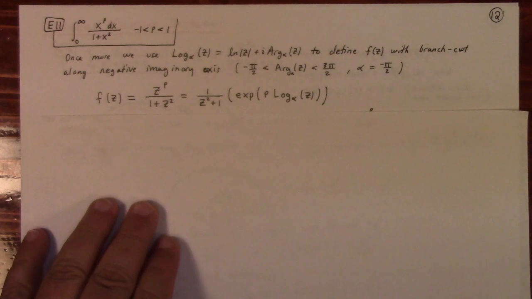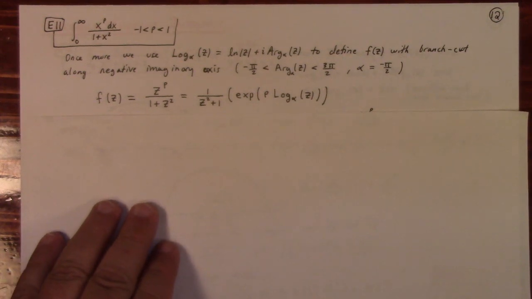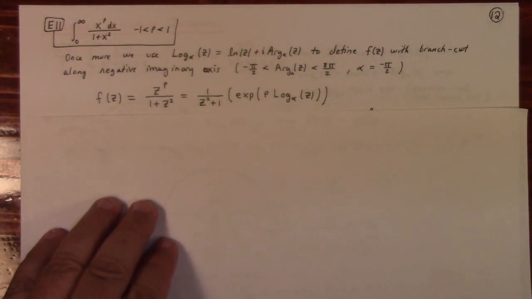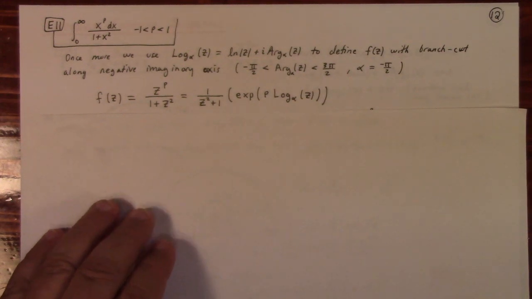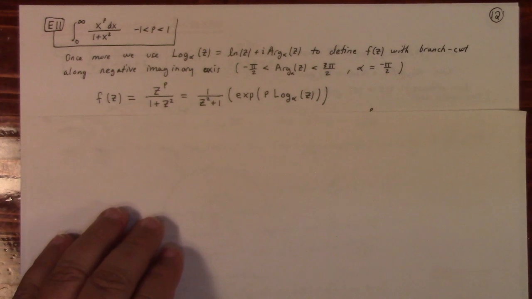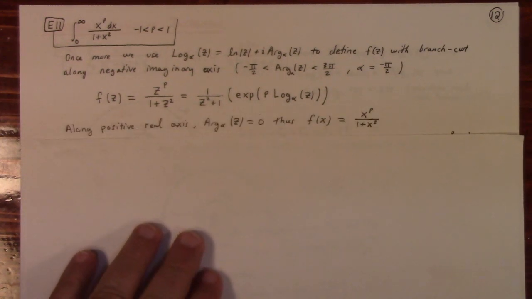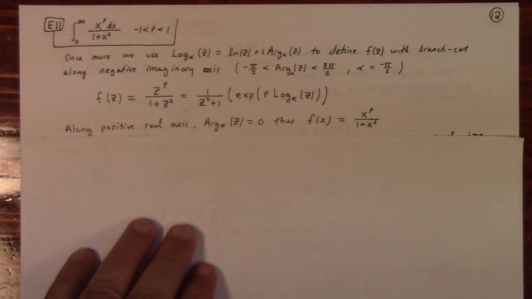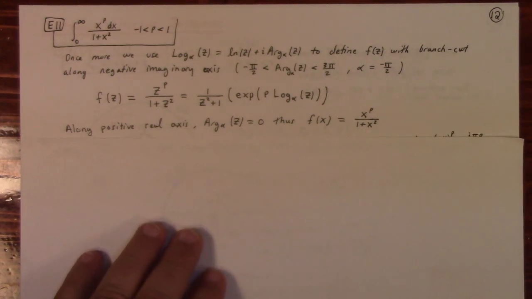So f of z is z to the p over 1 plus z squared, where that complex power is defined as exponential of p log alpha of z. That was how we defined the complex power function. Along the real axis, arg alpha of z is 0, so f of x is just x to the p over 1 plus x squared.